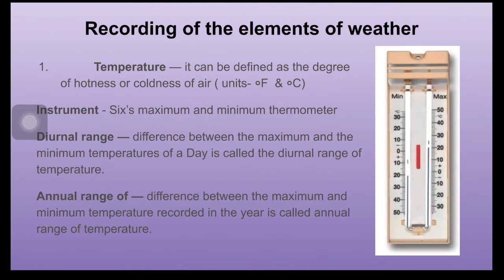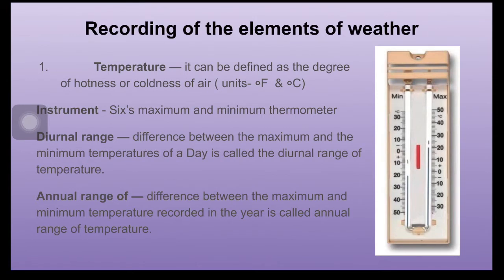The range of temperature is the difference between the maximum and minimum temperature. I repeat, range of temperature is the difference between maximum and minimum temperatures, and this range helps us to determine the temperature. So these are of two types, diurnal range and annual range.